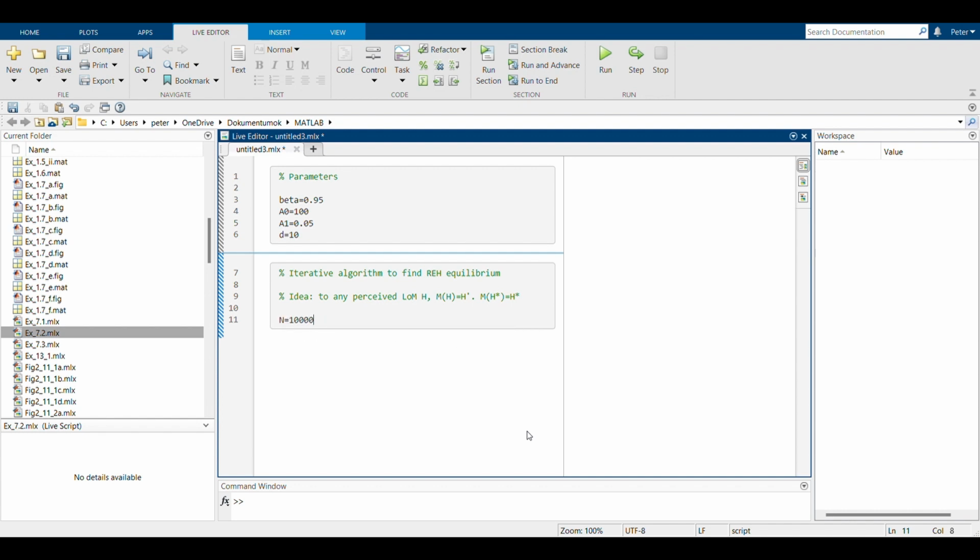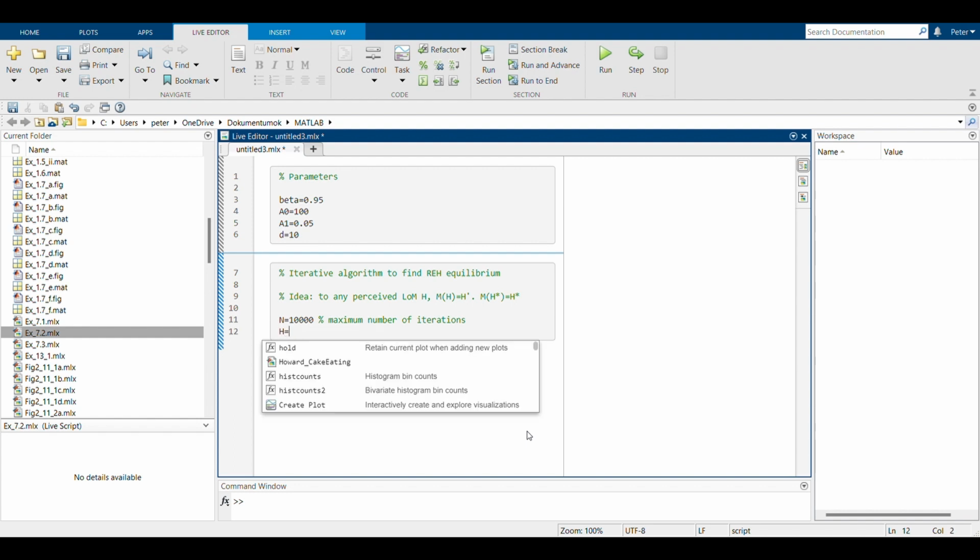So let's establish the maximum number of iterations.